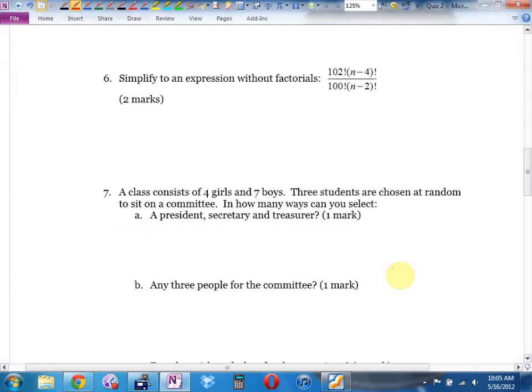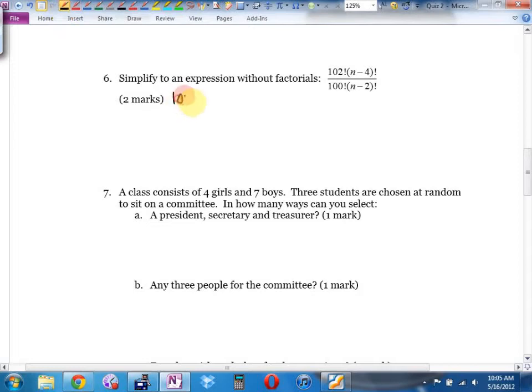On your test, I'm going to give you some kind of a simplify, get rid of factorials expression. I think, Trevor, it's reasonable to assume that I can, in my mind, break it up that way, with the numbers and the letters with the letters, variables with the variables. I said 102 factorial over 100 factorial. Well, that I can do.